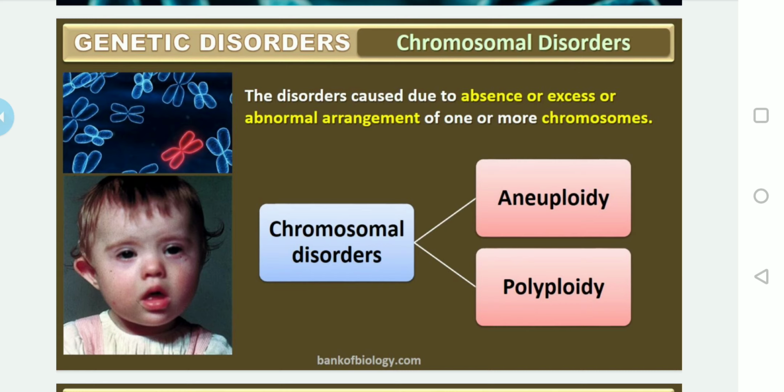This non-disjunction of chromosomes can occur either in autosomes, the body chromosomes, or in allosomes, the sex chromosomes.